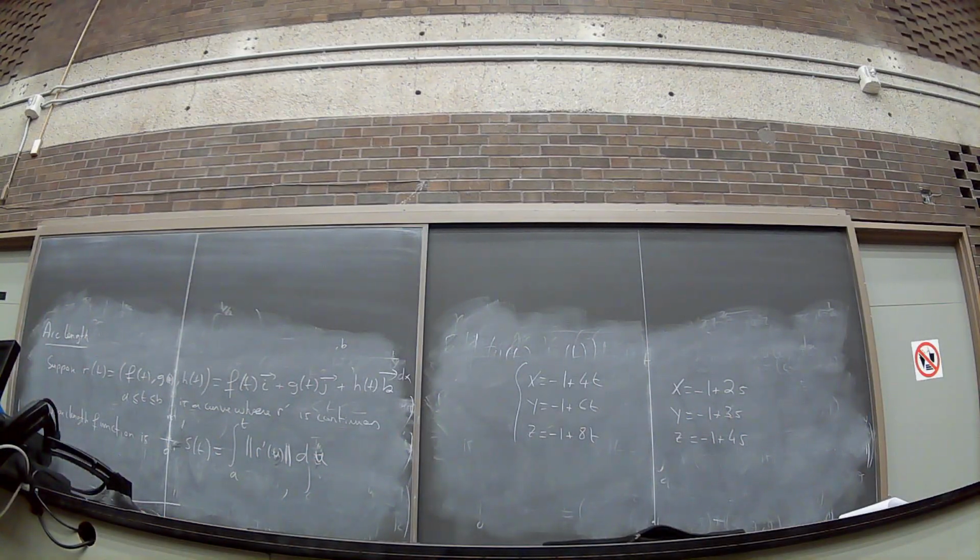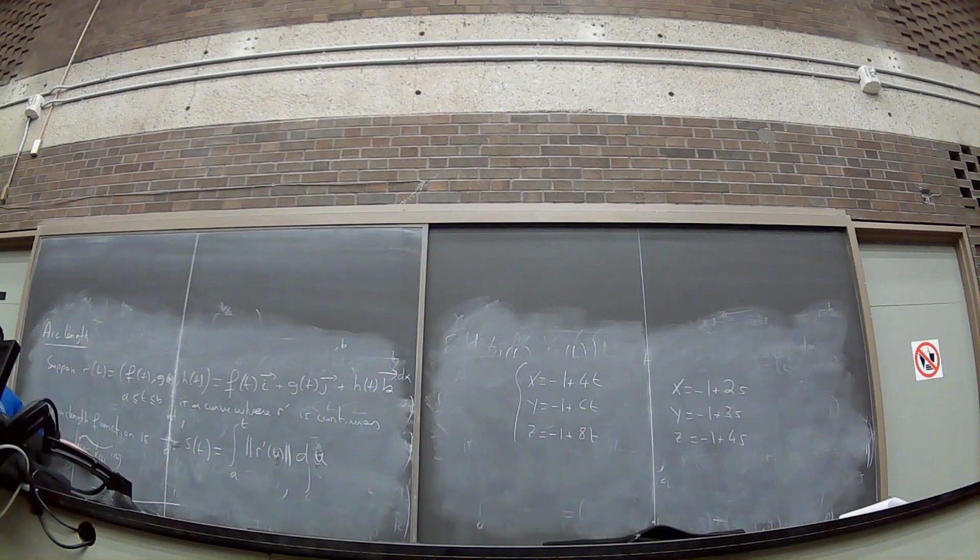So the arc length function, if you have a curve from A to B, from t equals A, this is the point R of A, and this is the point R of B. The arc length function is just the length of the curve from A to t.